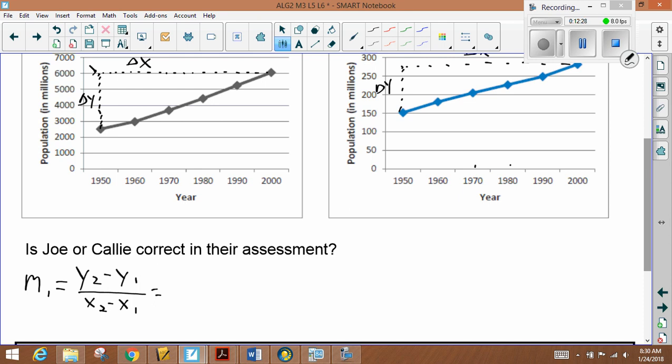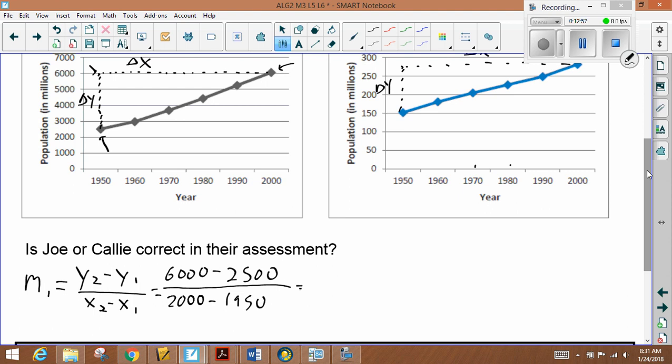It's our y value for this point. So that's going to be 6,000 minus y1, my y value for that point, which is something like 2,500 probably, divided by our x value for the second point, which is 2,000, minus our x value for the first point, which is 1950.